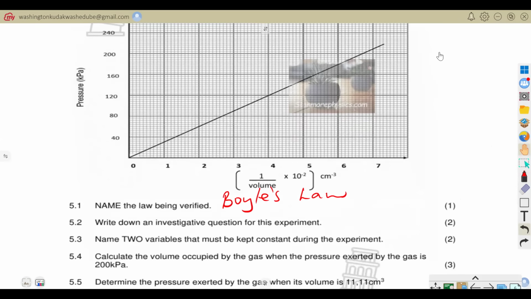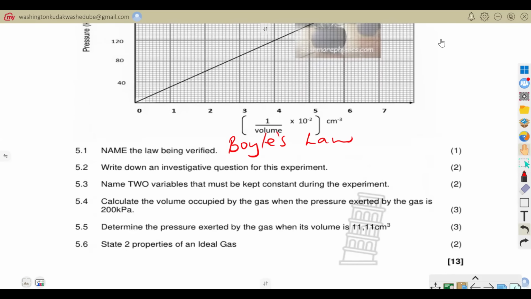Now let's go to 5.2. 5.2 is saying write down an investigative question for this experiment. So an investigative question would be to say, what are we investigating with Boyle's law? Boyle's law says that pressure varies inversely proportional to the volume.